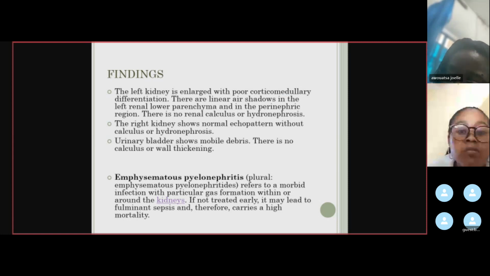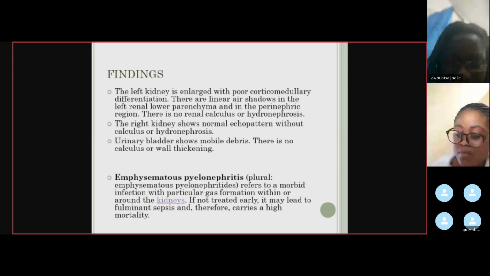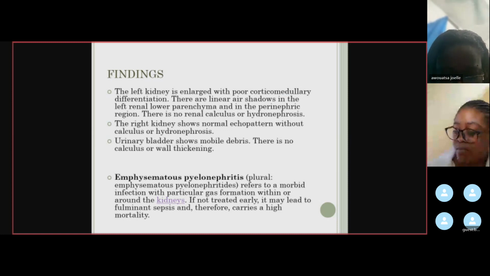That is, it is an infection, okay, with gas formation within or around the kidneys. And it can lead to sepsis if it is not cured. Okay. So whenever the kidney size increases, there is a problem. If there is fluid inside the kidney, that is called hydronephrosis. If there is a calculus also, it can be seen on the ultrasound.